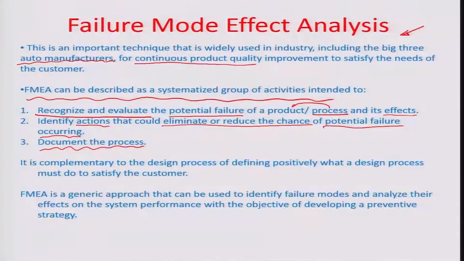Supposing this failure mode occurs again during the product life cycle, there can be an easy way of eliminating it by looking back into the process and seeing whether the stipulated actions and countermeasures are being followed or not.